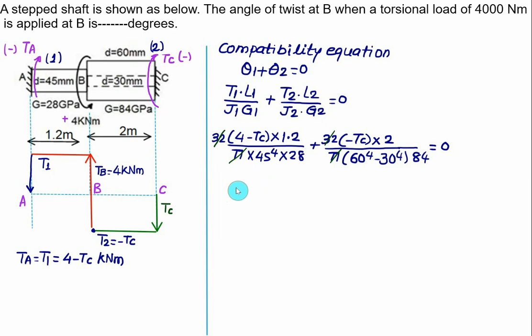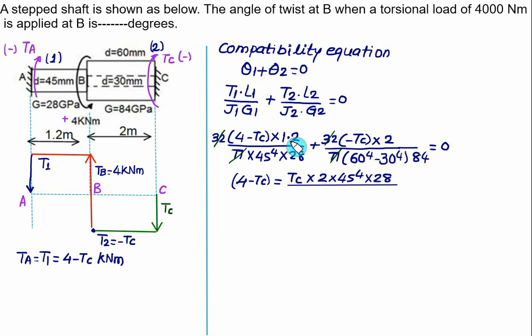Now to solve this it will take some time. We have 4 minus Tc, and all this term will shift to the right, equal to Tc into 2, and this term is cross multiplied as 45 to the power 4 into 28.